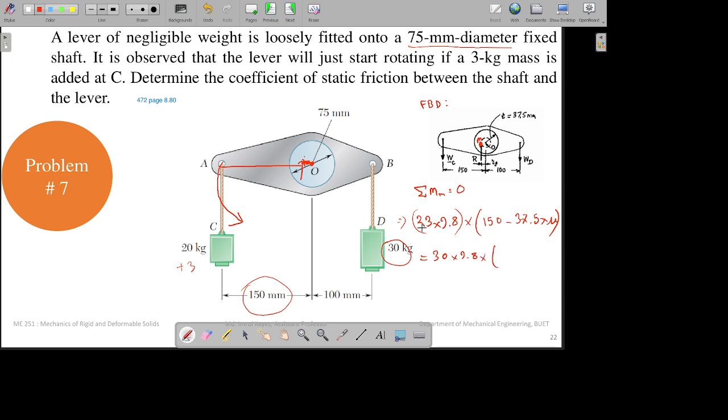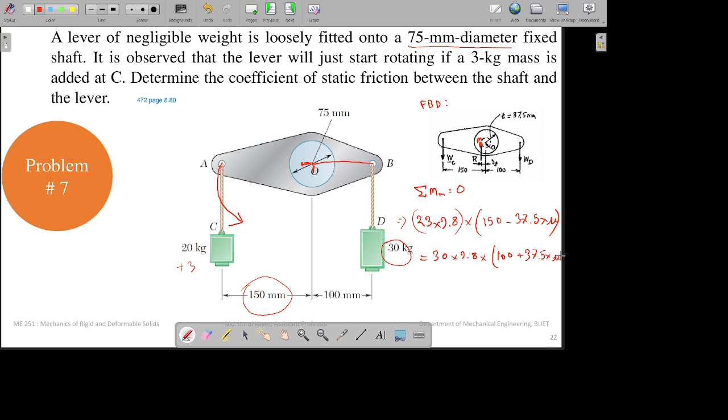Again you have to find the line of action of R; the distance over here is 100, then you have to add the radius of friction this time, so 100 plus 37.5 radius into mu.